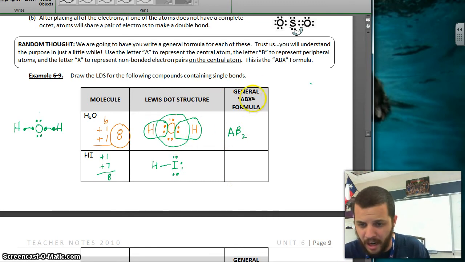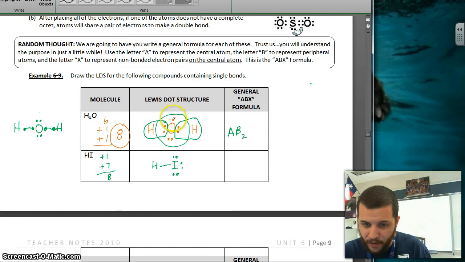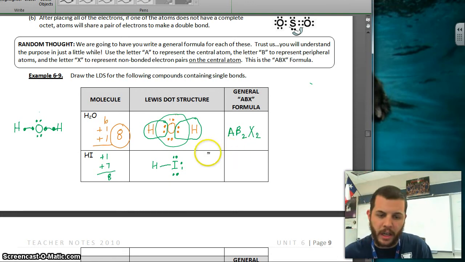That's what X is. X is how many unshared pairs of electrons do you have? Well, this pair of electrons is unshared, and this pair of electrons is unshared. On the central, that's important, okay? It's got to be on the central. So I have 2 unshared pairs of electrons on the central atom, so this is going to be an AB2X2 structure.